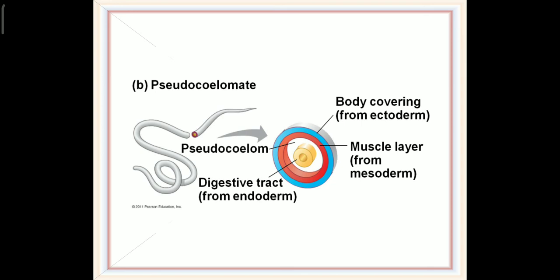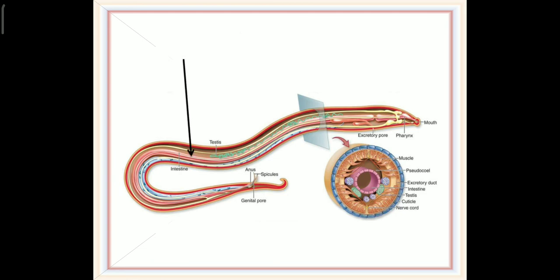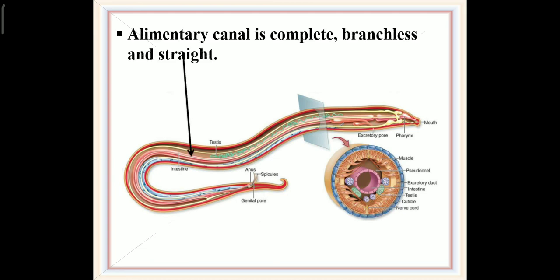Pseudocoelomate. The body cavity is also called the pseudocoelom. Pseudocoelomate means the body cavity is not lined by the mesodermal peritoneum layer, and it is actually lined by the muscle. The alimentary canal is complete, unbranched and straight.